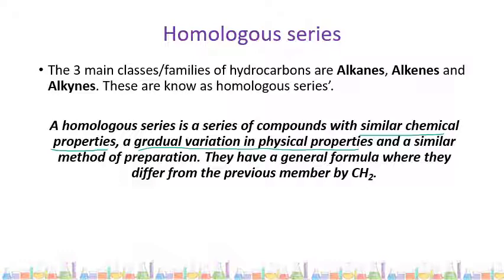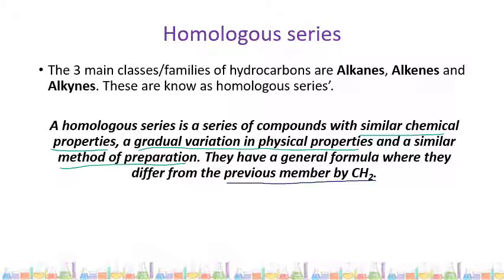And they have a similar method of preparation, so the way you would prepare the chemical, how you would create it, is similar. They have a general formula where they differ from the previous member by CH2. You'll understand that a bit more as we move through the video.